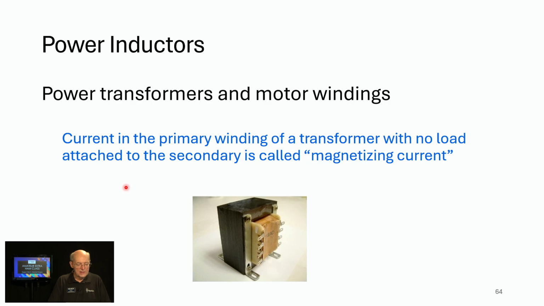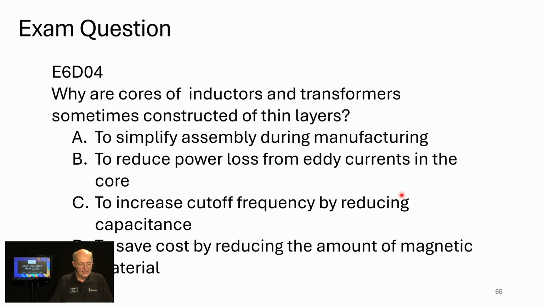Current in the primary winding of a transformer with no load attached to the secondary is called magnetizing current. If this was a power transformer plugged into 120 volts AC, there would be some current flowing, probably due to eddy currents, and the current that flows with nothing connected to the secondary of the transformer is what's referred to as magnetizing current. Kind of an odd concept.